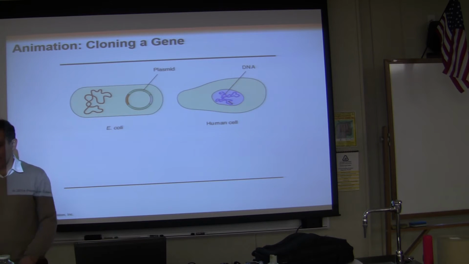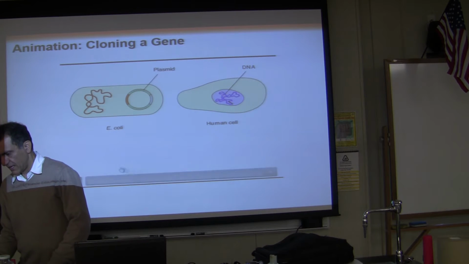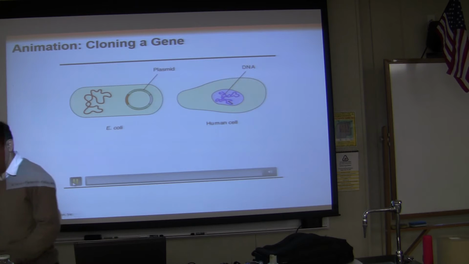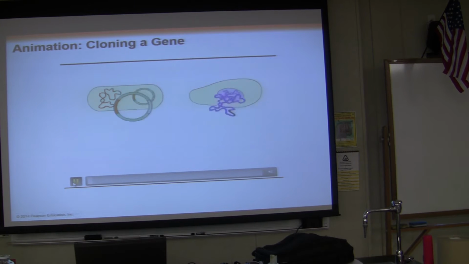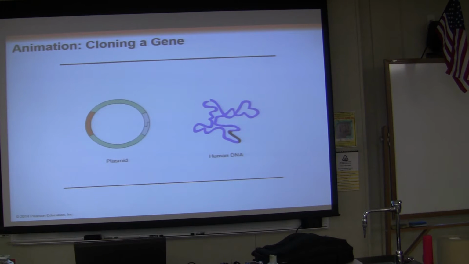Gene cloning a gene. I think I talked about this. Everything we talked about. We can use the techniques of DNA technology to recombine and copy genes. A restriction enzyme is used to cut open a plasmid, a small circular DNA molecule obtained from a bacterium. The plasmid serves as a cloning vector.